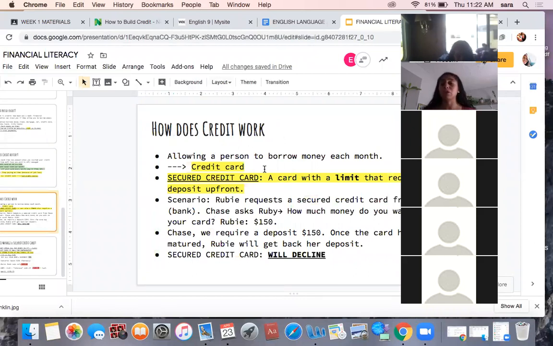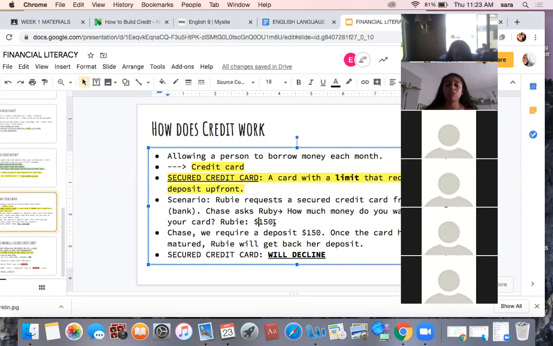This is what you, as a high school student, should do. When you get out of high school, you should get a secured credit card if you have a job. I would just put it out there. And like Ruby, don't put too much money on it. Put $100, put $200, something you'll be able to pay back easily. Don't go grab $1,000. That's not realistic enough, okay?